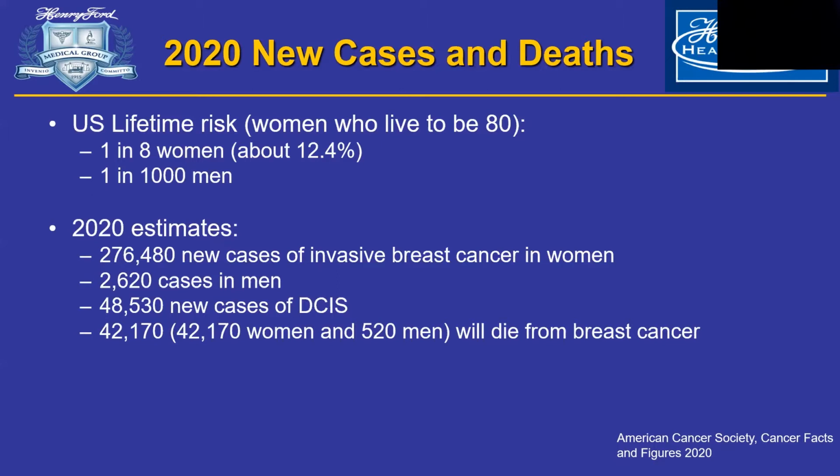So in 2020, over 250,000 new cases of invasive breast cancer will be diagnosed in women, over 2,600 cases in men, almost 50,000 new cases of DCIS, which is pre-malignant breast cancer. And then there will be around 42,000 breast cancer deaths in both men and women in 2020.